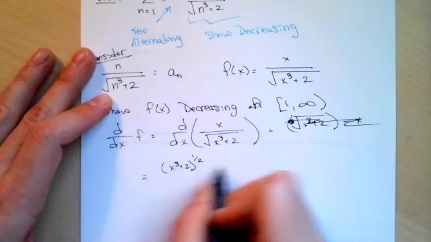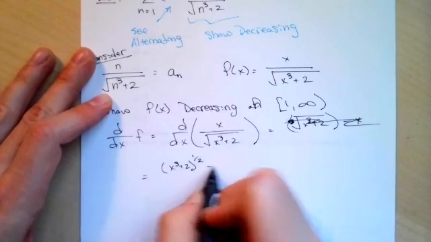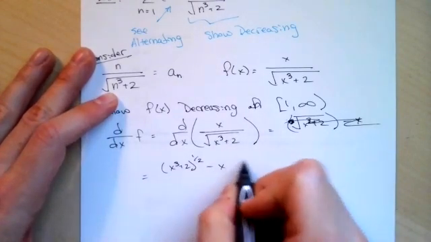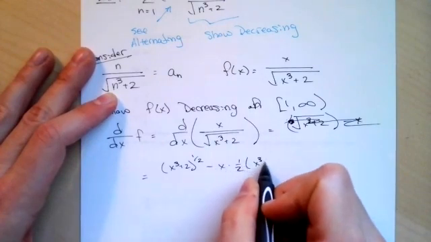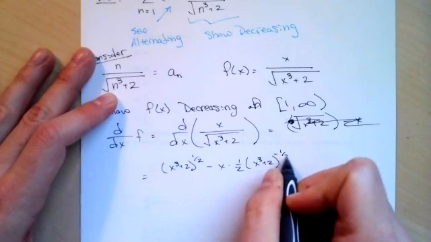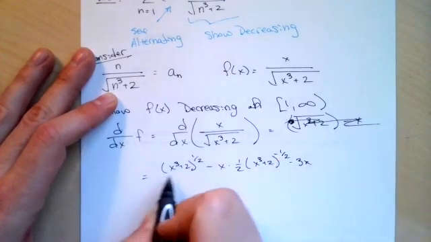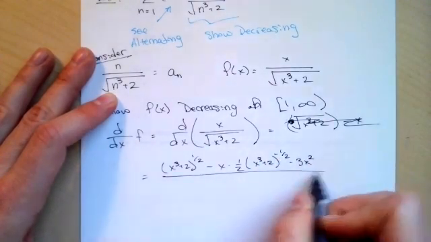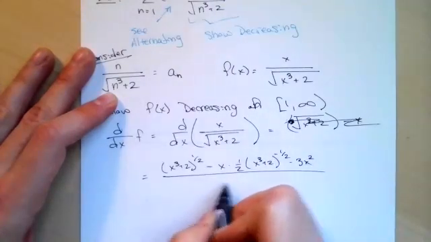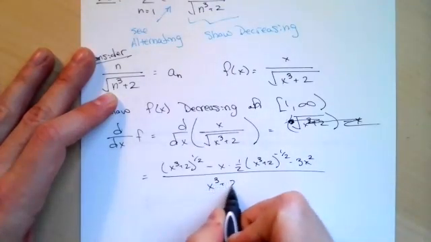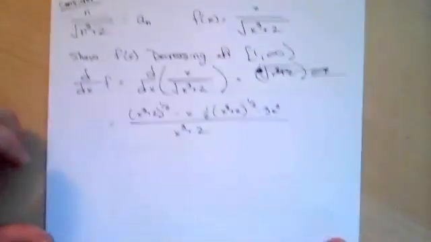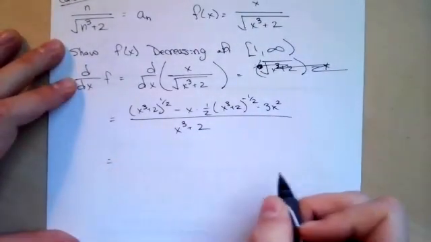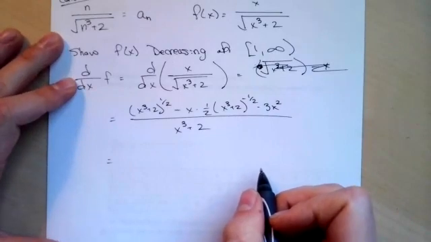Let's use fractional exponents. Derivative of the top is 1, minus the top times the derivative of the bottom, all over the bottom squared. And now we've got to simplify that mess.